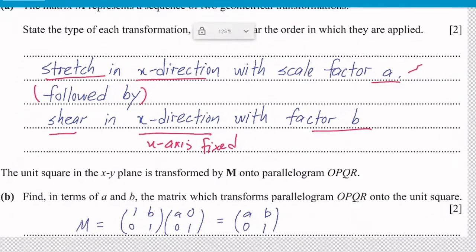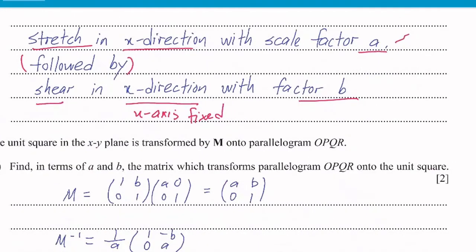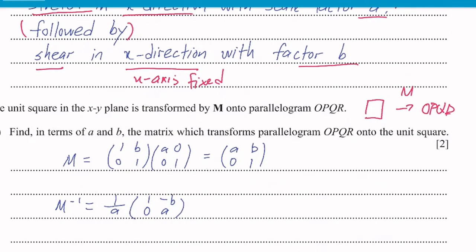In the second part, we have a unit square in the xy plane that is transformed by M onto the parallelogram OPQR. So the unit square becomes OPQR, transformed using this matrix M. We need to find, in terms of a and b, the matrix which transforms the parallelogram to the unit square.